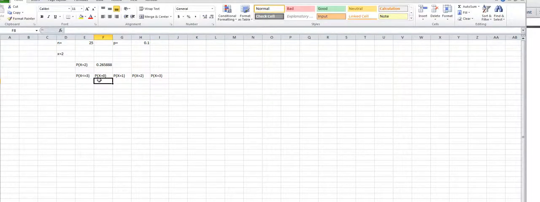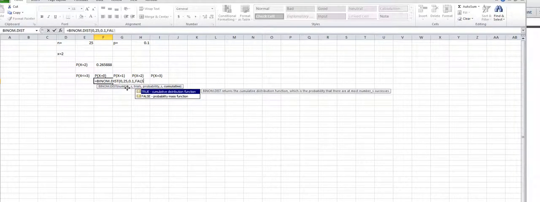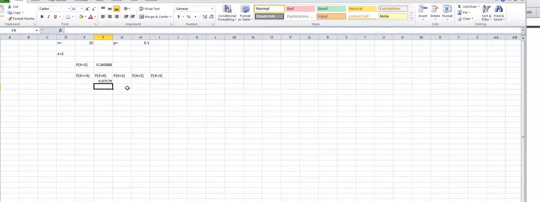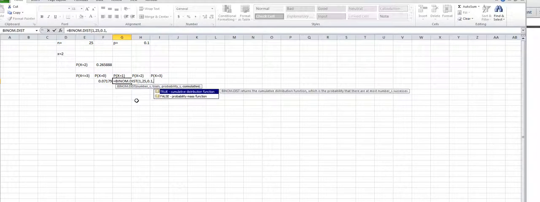So let's do it one by one. Equal binomial dist, select it, and the number of successes is 0 for the first probability, and the trials is 25, and probability is 0.1, and false, and close it. Do the same thing for x equal to 1: equal binomial dist, and the numbers are 1, 25, 0.1, and false.